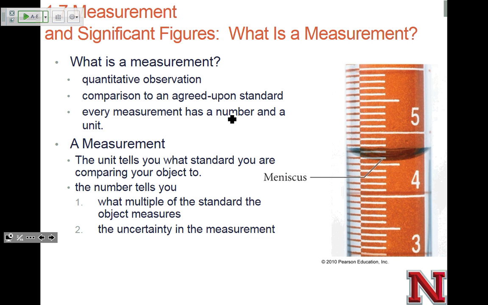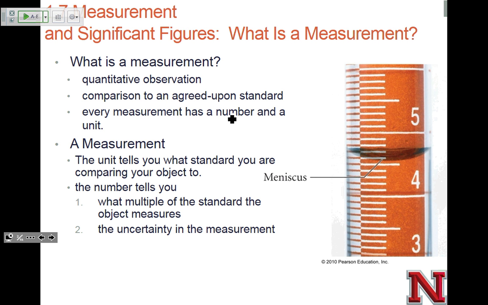And the one thing that's important is uncertainty in that measurement, and that's going to come about with our significant figures. So we're measuring something quantitatively in the lab. Let's say this is milliliters. If our meniscus is here, we're certain we have 4 milliliters, and then these are increments, so this is 4.5 milliliters.